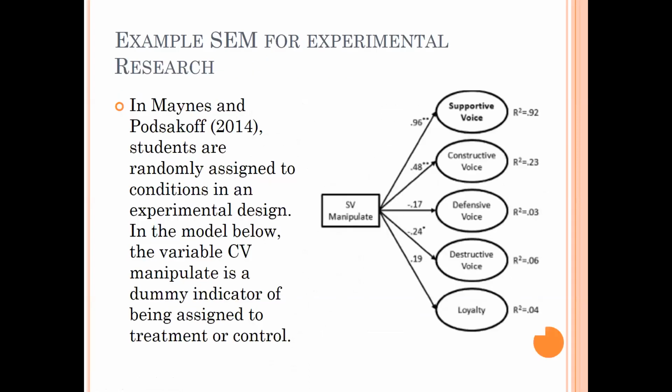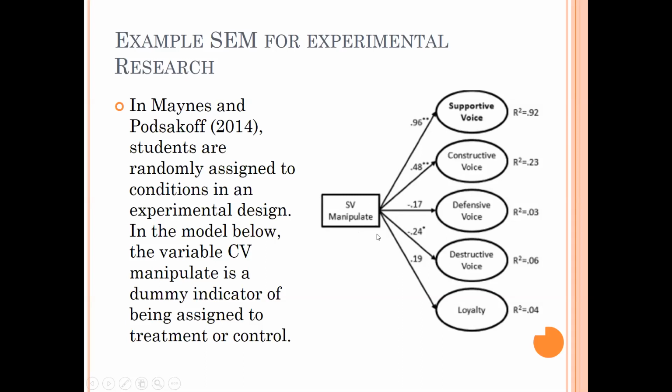Then you have an example of SEM for experimental research. In Mays and Podsakoff, 2014, students were randomly assigned to conditions in an experimental design. So there was a manipulation here, and the grouping of students into treatment and control.